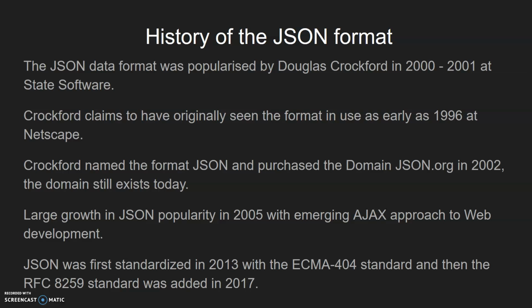Now, JSON really took off in 2005 with the emerging Ajax approach to web development, which, just as a brief aside, is Asynchronous JavaScript and XML. It was a way to have a really dynamic web page where, rather than reloading whole pages, you were just reloading objects on the page with data from the server.